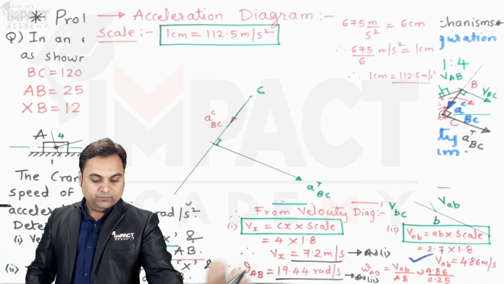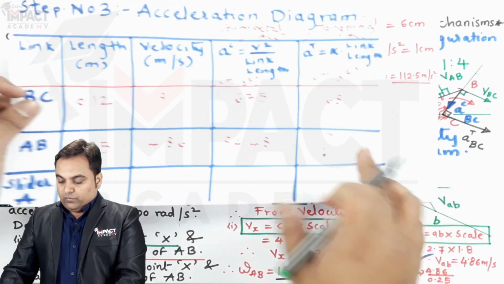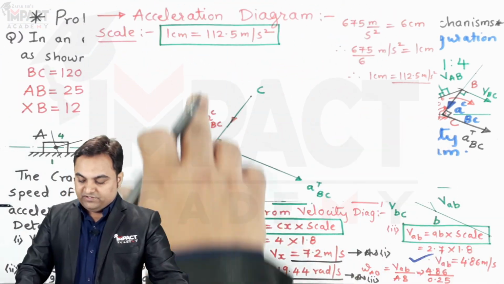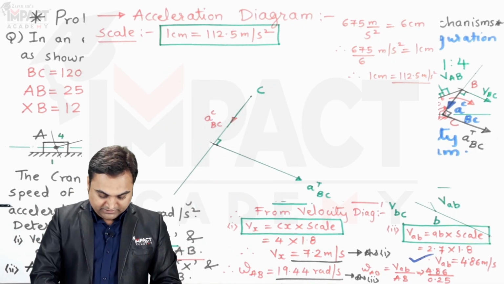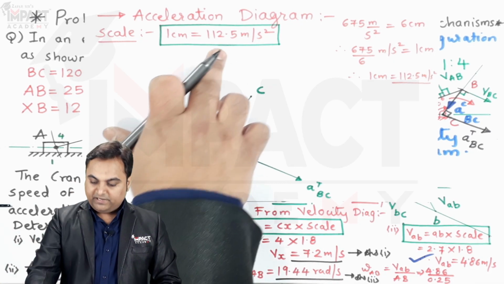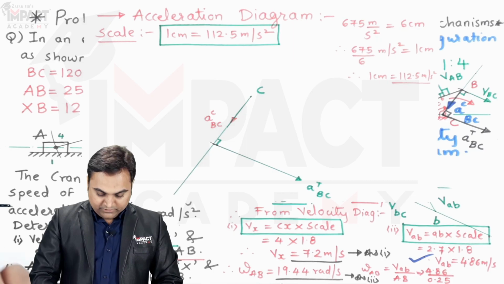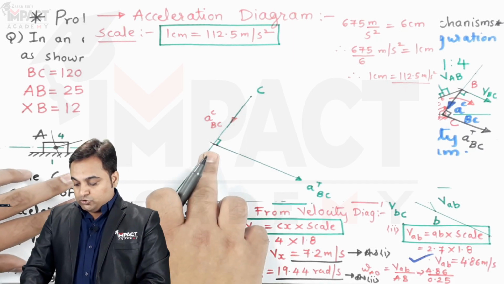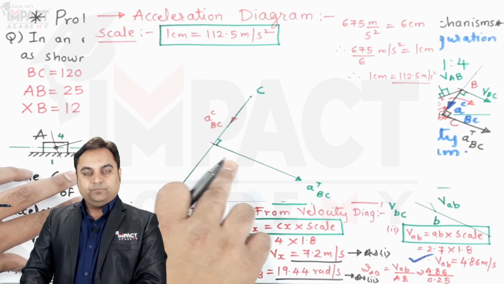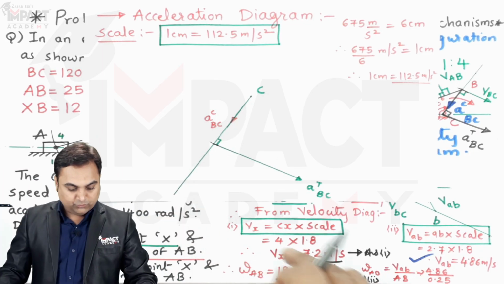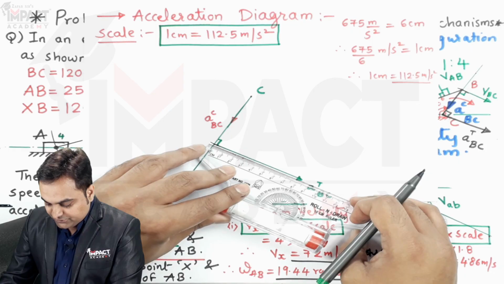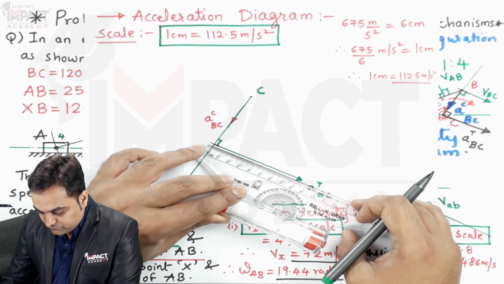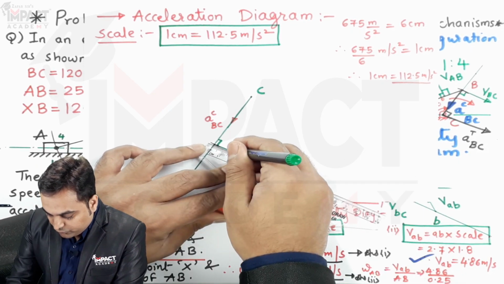This is the tangential acceleration for link BC, and the value is known to us. How to get this value? It is 168 meter per second square. So 168 divided by the scale, that is 168 divided by 112.5, comes out to be 1.49 centimeters. So once we get this as 1.49 centimeters, I am going to mark the distance 1.49, which is approximately equal to 1.5.